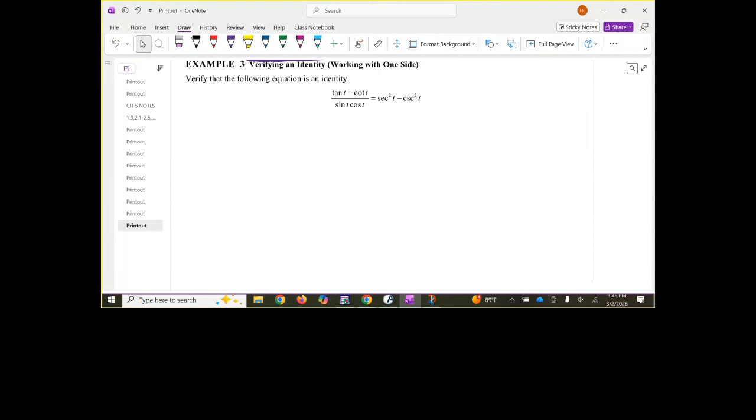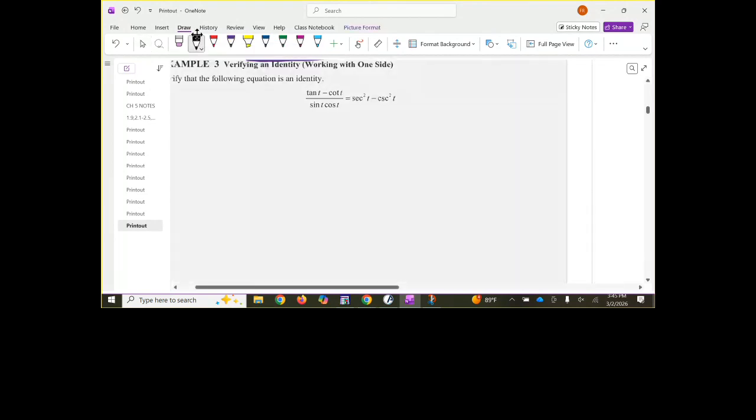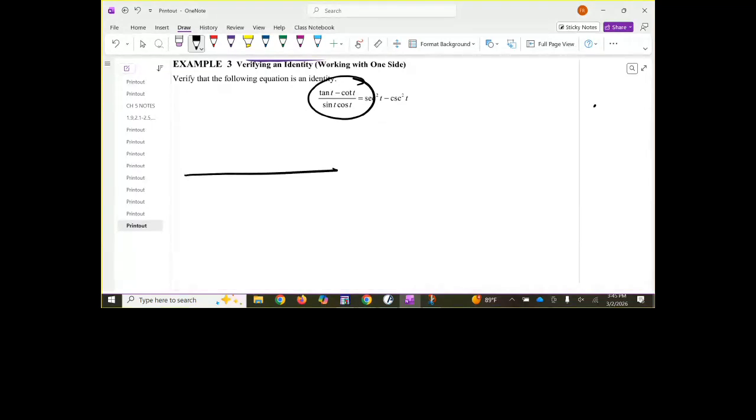When working with this side, my first thought is that one of the things it tells us to do is write things in terms of sines and cosines. If you look upstairs, I have tangent and cotangent. How can I write tangent and cotangent in terms of sines and cosines? Anyone know?